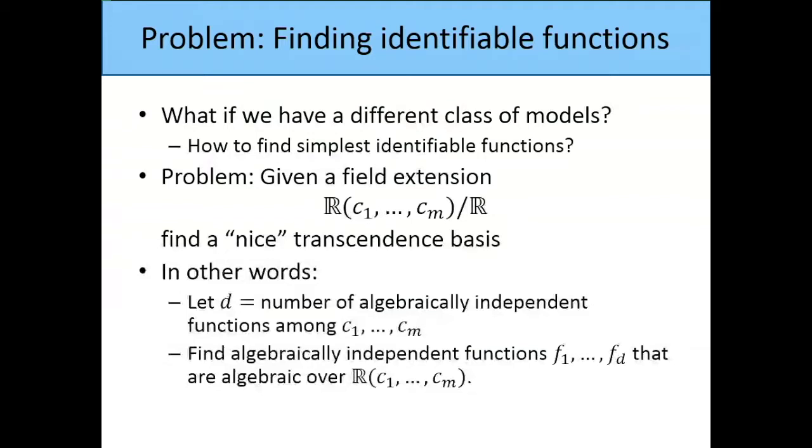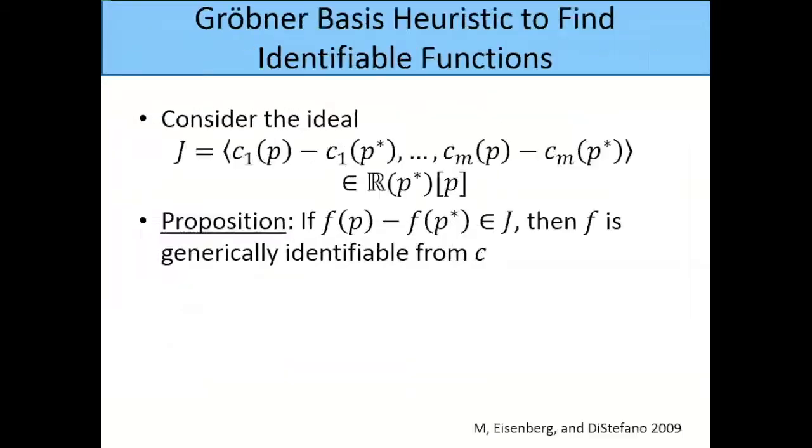But part of the problem is that there's not a mathematically precise way of defining what we mean by simplest identifiable functions. So what I'm going to show you are some heuristic methods for finding these. The first one involves Gröbner bases. Going back to our identifiability test, say we have our coefficient map and we want to determine if it's injective.